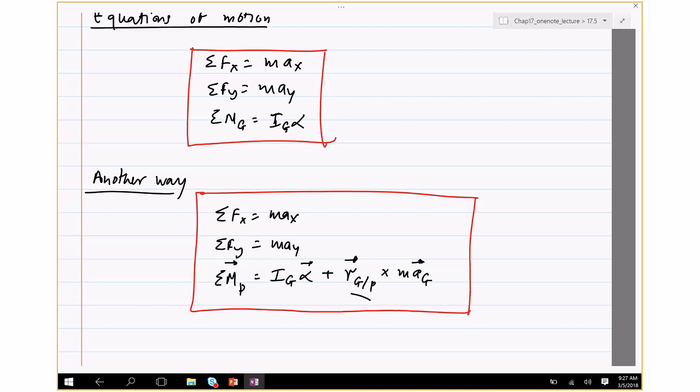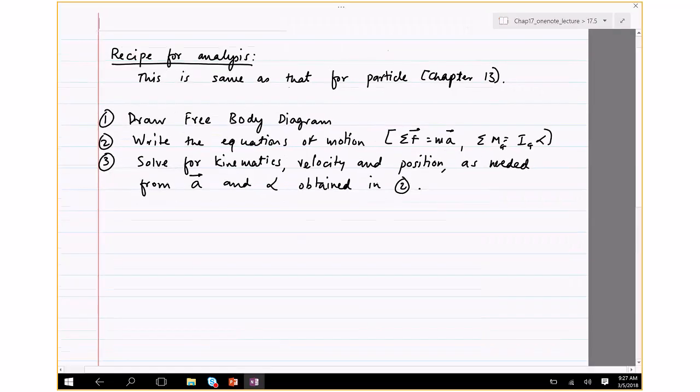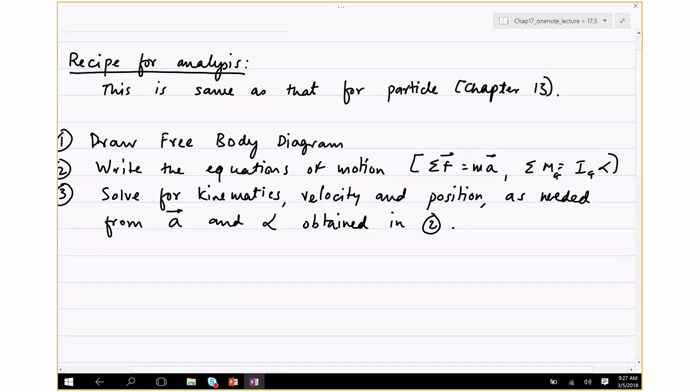Okay, so here is the technique. This is essentially a repeat of what we did in chapter 13 or previously, right? Once you identify it's a kinetics problem, you draw the free body diagram, write equations of motion. This could be moment about P, or I_G alpha.